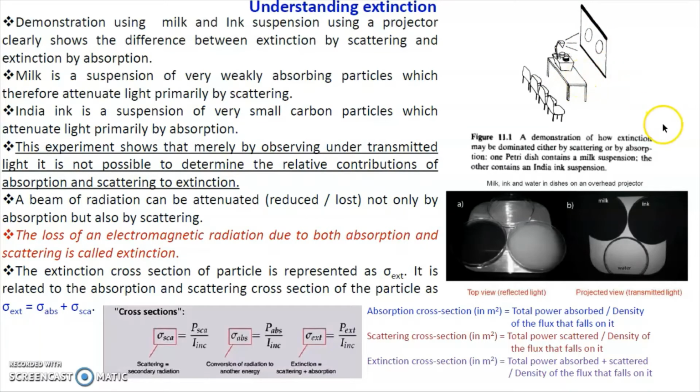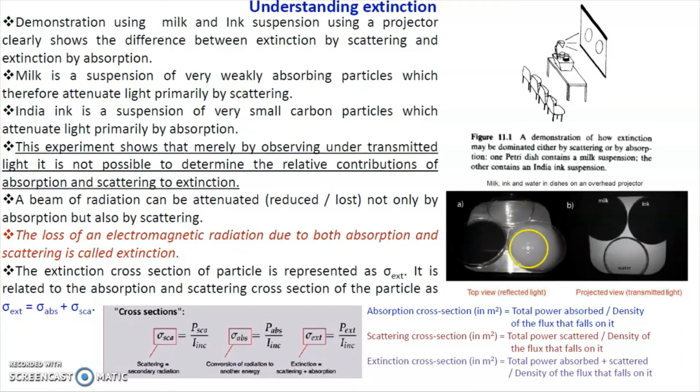Here is the space where you can keep different materials. Now we are taking three petri dishes, and we are taking different materials in them. In one dish, let us say we are taking water.